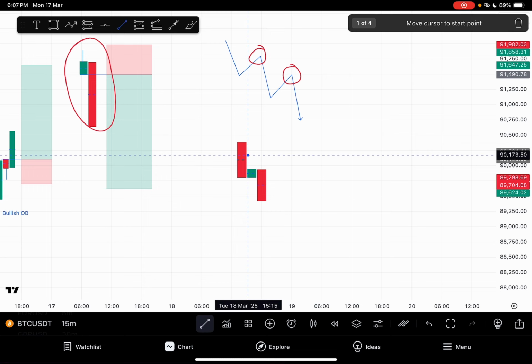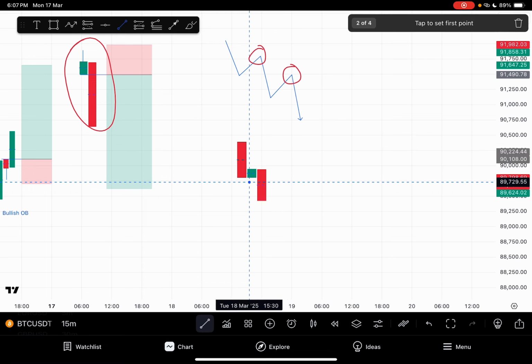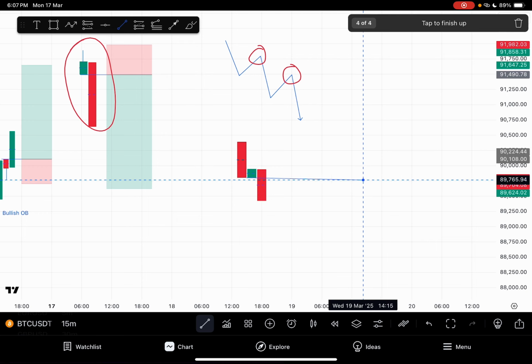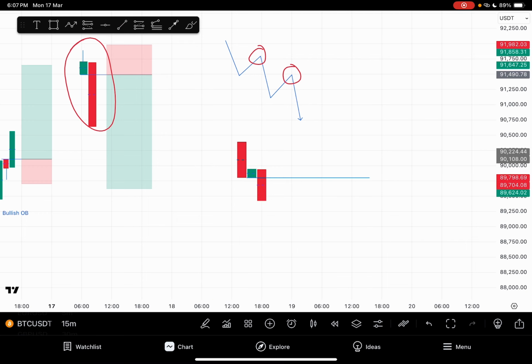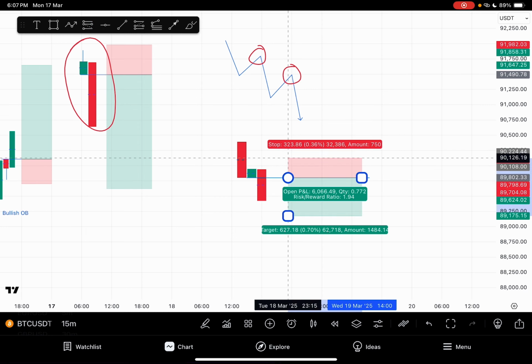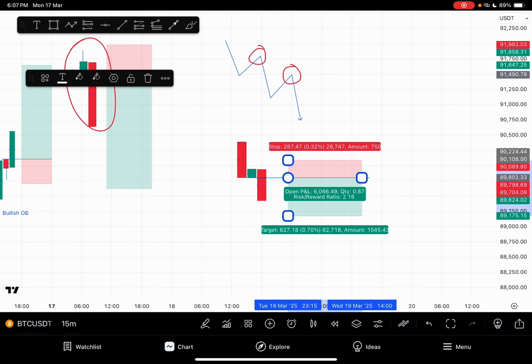So now if you want to take your entry from this bearish order block, your entry should be from the beginning of the green candlestick, and your stop loss just a few distance above the green candlestick.